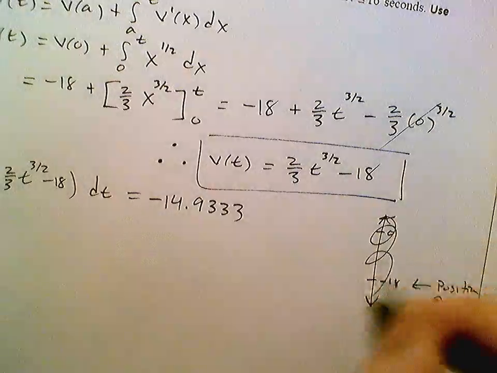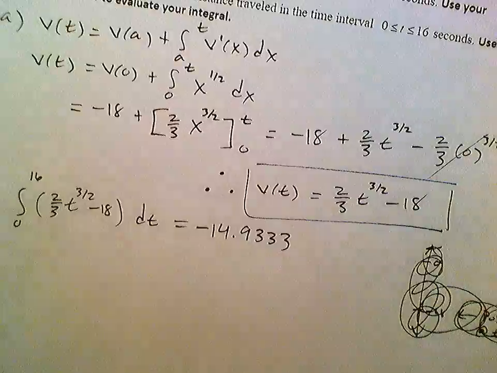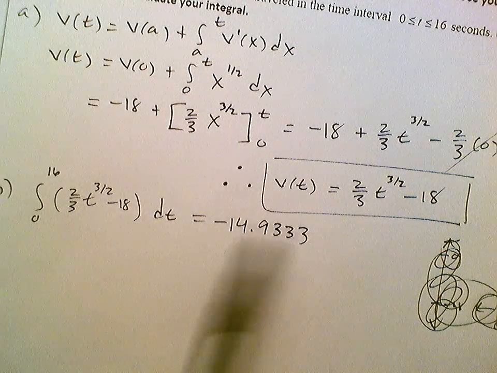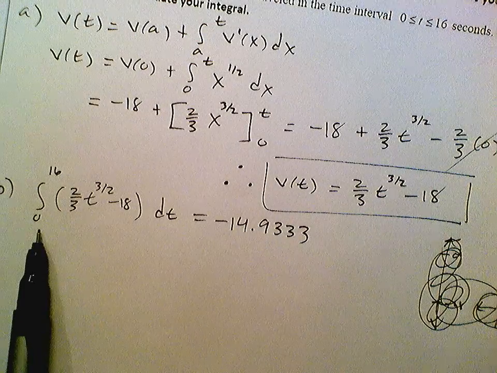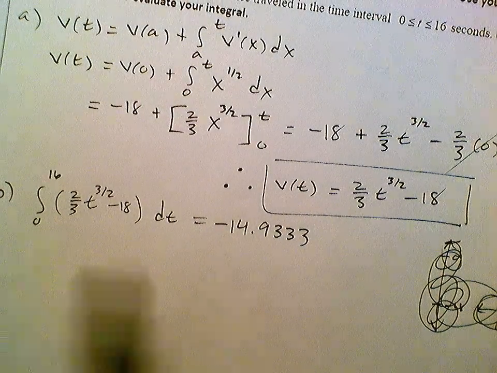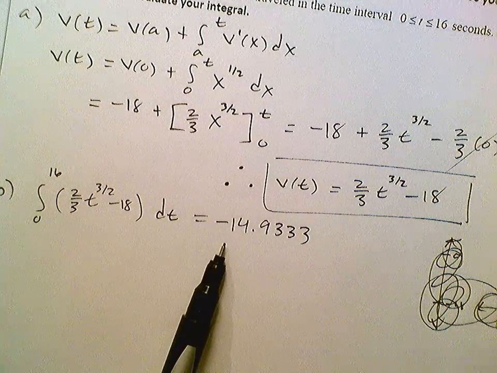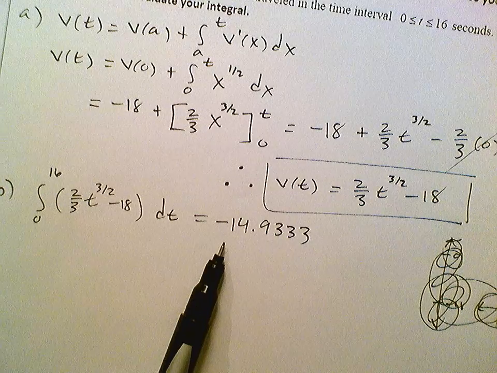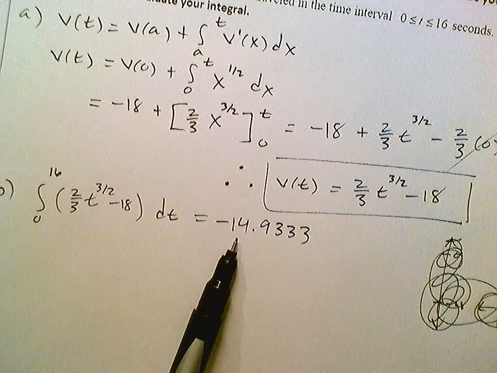Never mind. Okay, just forget it, scratch that. All right, so anyway, I'm on a vertical number line, and at the end of this interval, at time t equals 16, that's where I would be. That's my distance from my initial position.